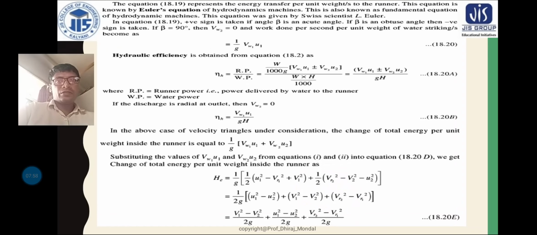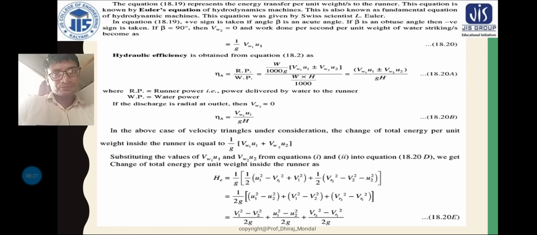Very important. It is also known as the fundamental equation of hydrodynamic machine. This equation was given by the Swiss scientist L. Euler.